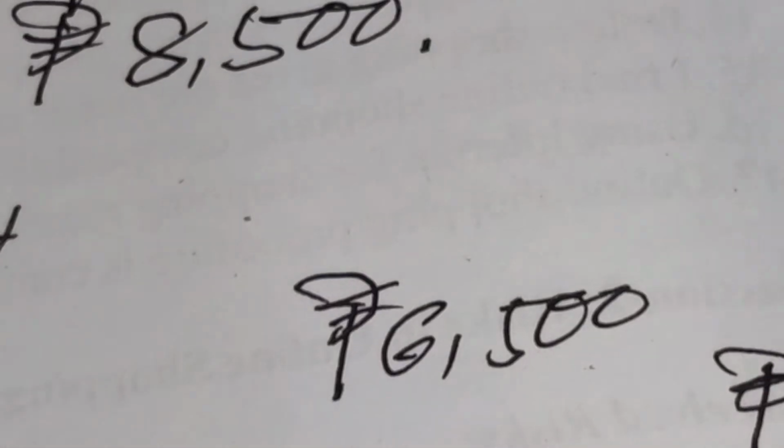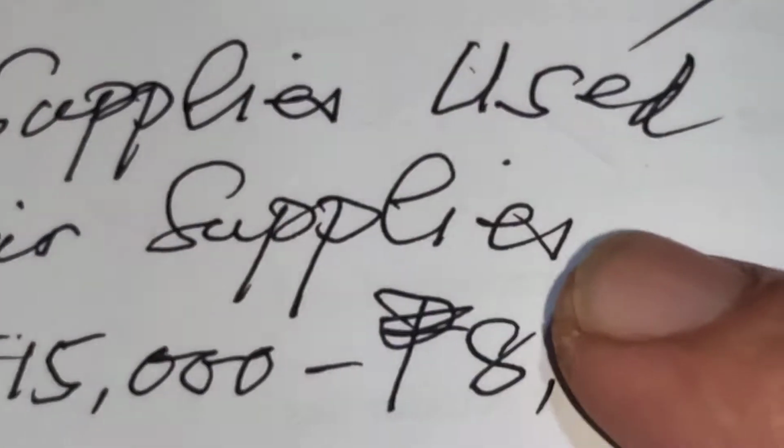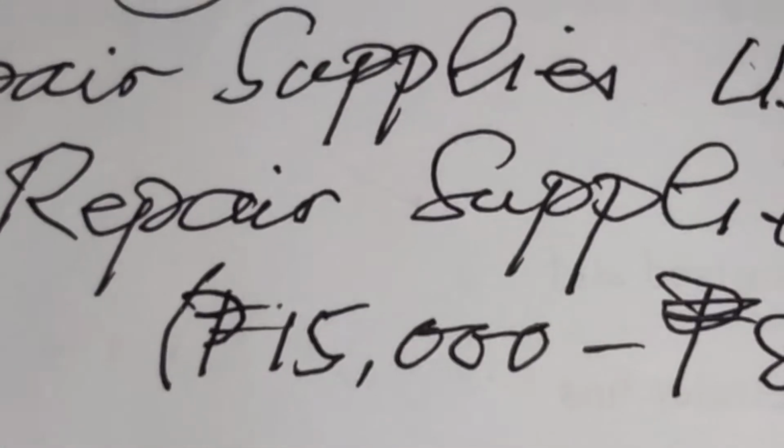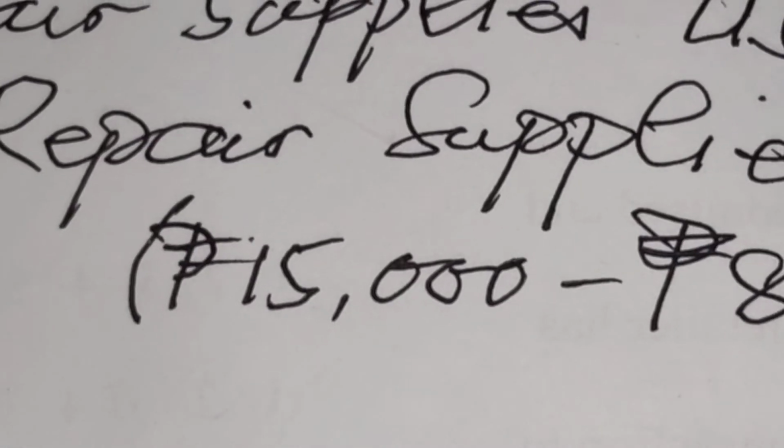So your usage is 6,500. That is also what is deducted from your repair supplies, which is an asset, by crediting this much, 6,500. Your repair supplies decrease, though it actually has a debit balance.